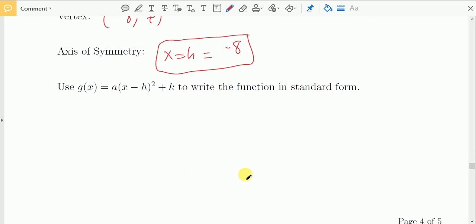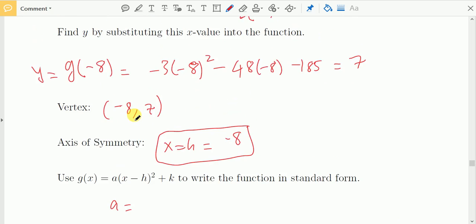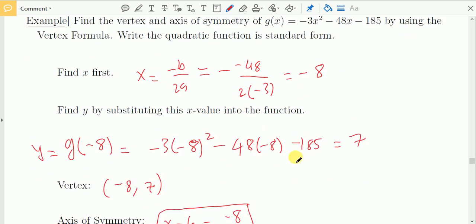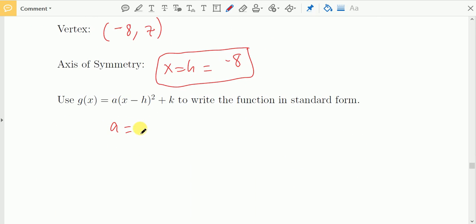And then they want you to use this to write the function in the standard form. So we need to find a, h, and k, and we already have those. A is what? A is minus 3, right? H is minus 8, and k is 7.